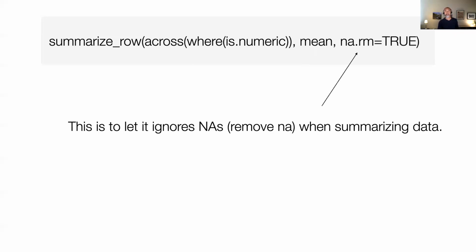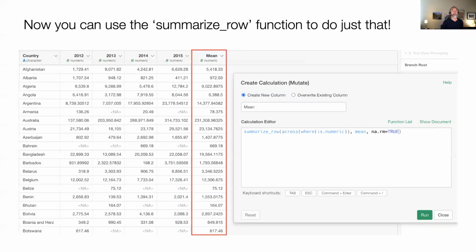And then the last part is na.rm equal TRUE. I recommend you set this, because if you have NA values in some of the columns, for example, here, when you see the 1, 2, 3, 4, 5, 6 from the top, it's called Armenia, it has NA for 2013 and 2015.